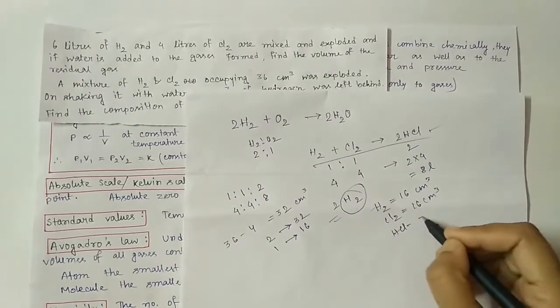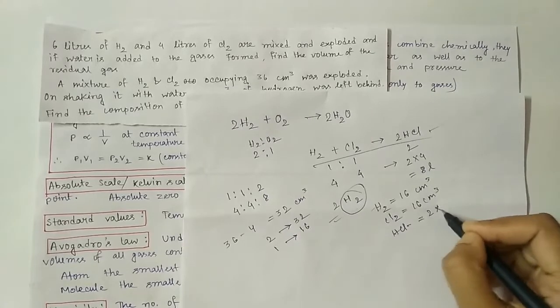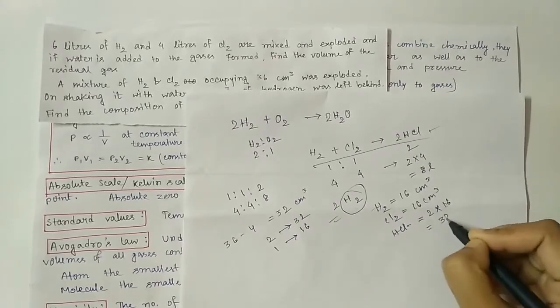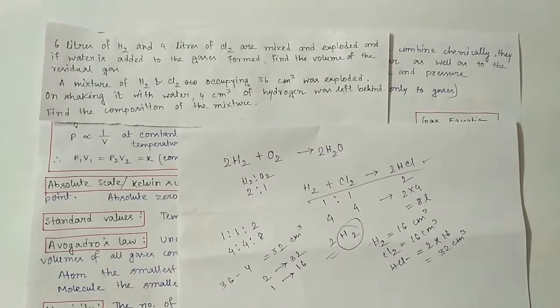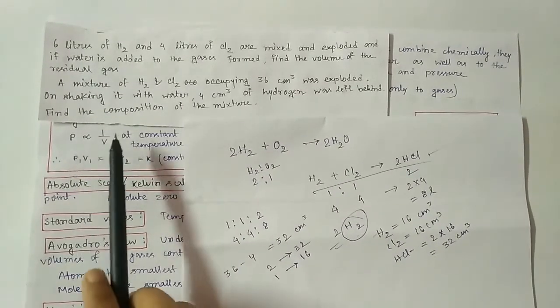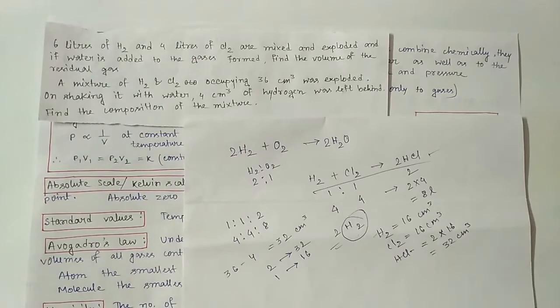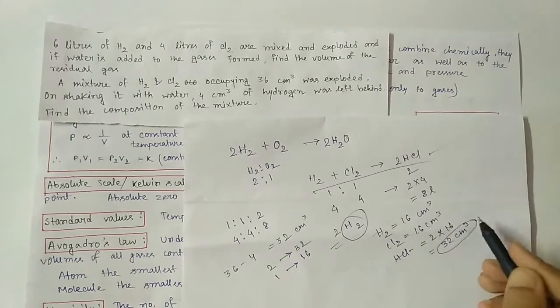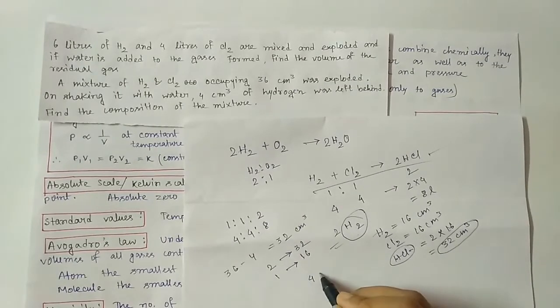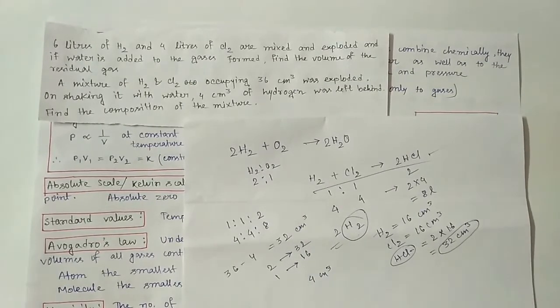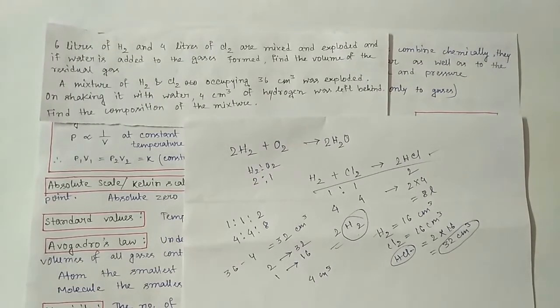HCl will be 2 into 16, 32 cm³ of volume. I hope you understand. It has been asked to find the composition of the mixture. So you can say that there will be 32 cm³ of HCl and 4 cm³ of residual hydrogen gas. So I hope you understand.